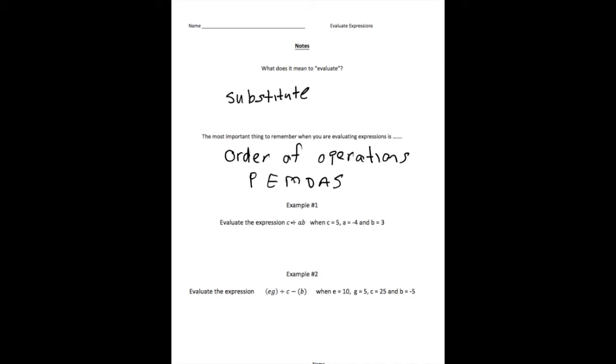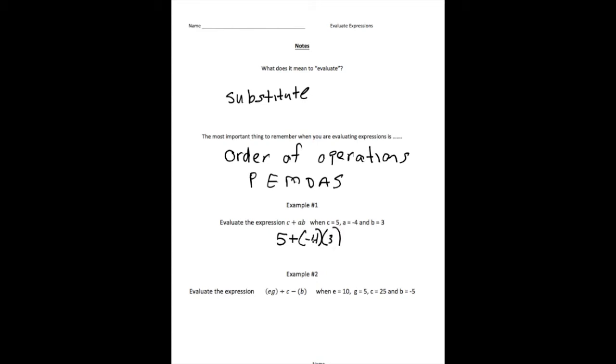So here, example number 1, it says evaluate the expression C plus A times B. And notice they give us the values of C, A, and B. So I'm going to replace this C with a 5, so it's going to be 5 plus A times B. A is -4 and B is 3.